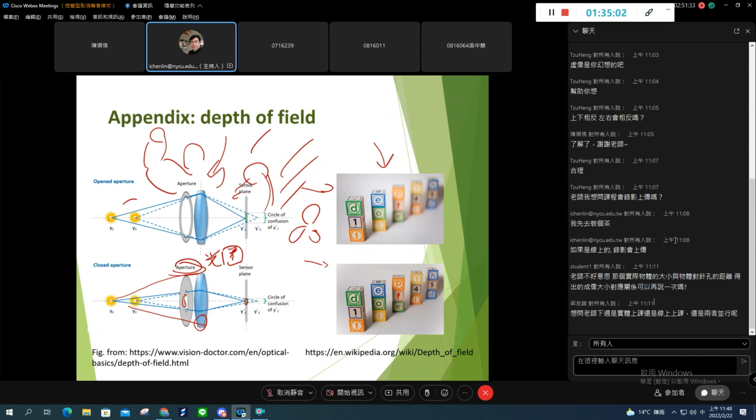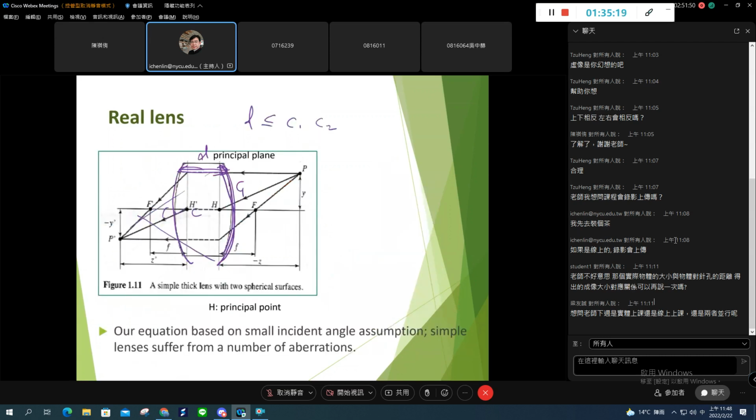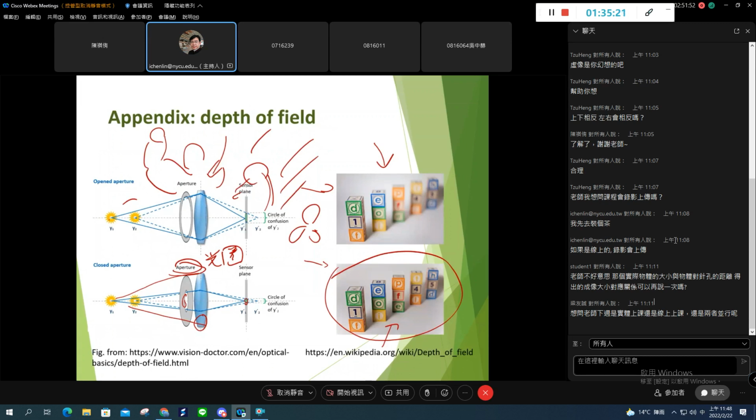And on the other hand, if you hope to capture things, most of them clear and not so blurred, you can choose a smaller aperture. Yeah. So this is just an appendix.